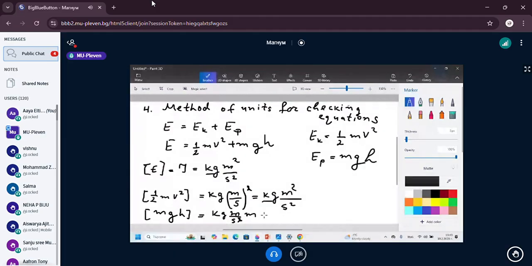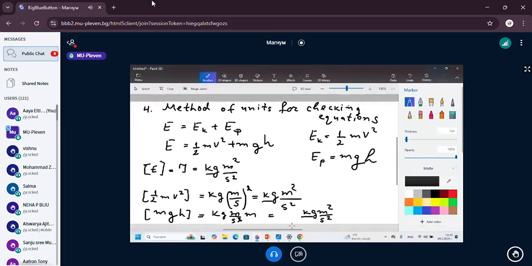So again, the same: kilogram meter squared per second squared. So each term in a correctly written equation has one and the same unit of measure.